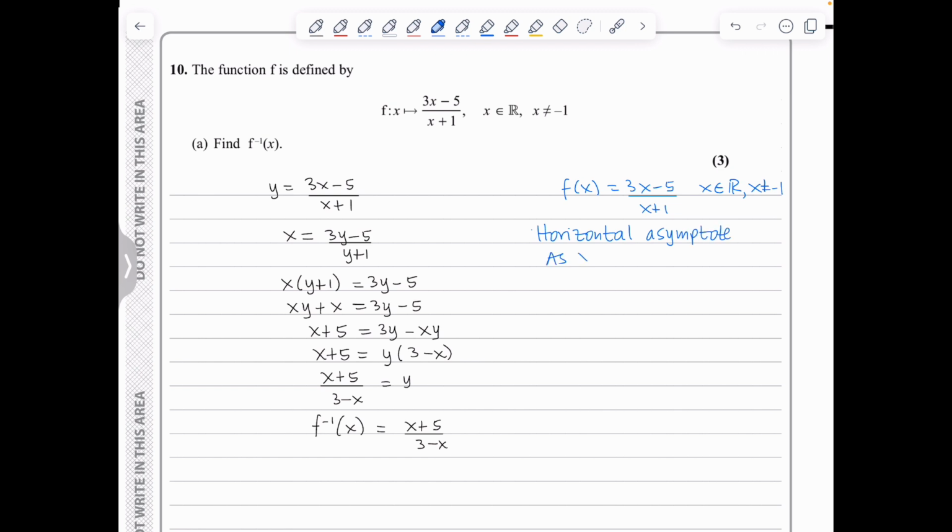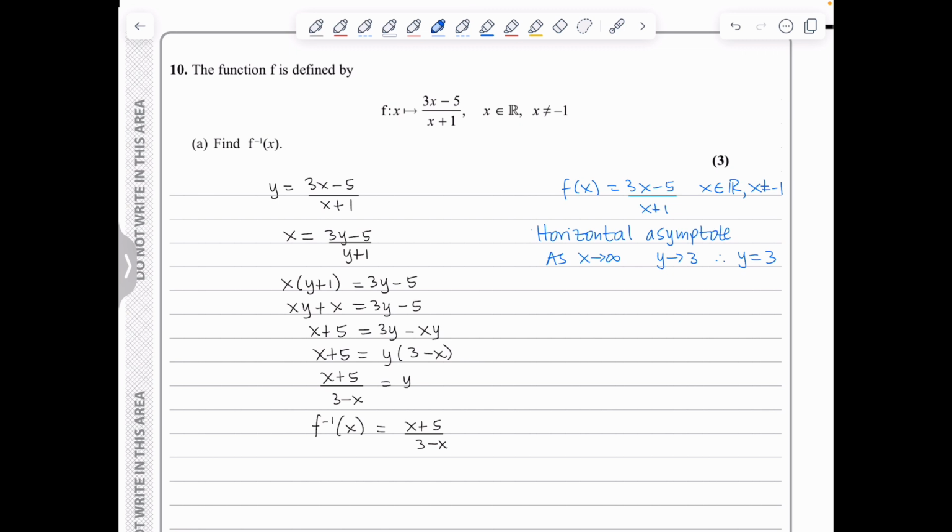As x goes to infinity, we can see that the -5 and the 1 are insignificant. So f of x will look like 3x over x, which is 3. So as x goes to infinity, y goes to 3, and therefore the horizontal asymptote is y is 3.